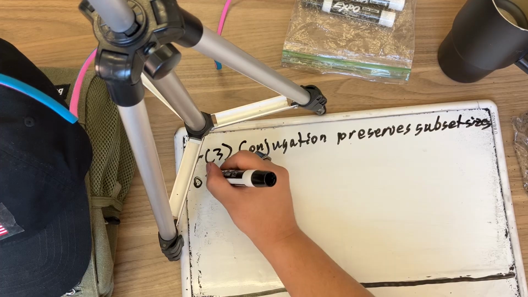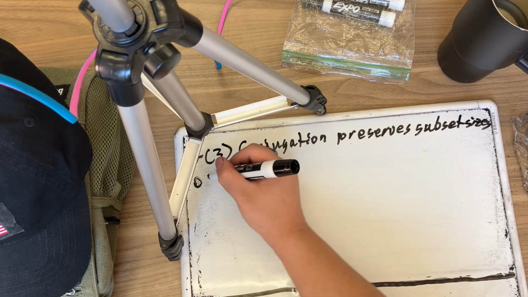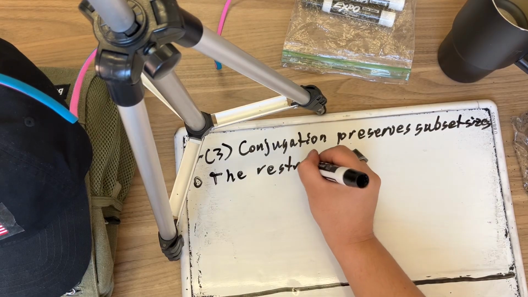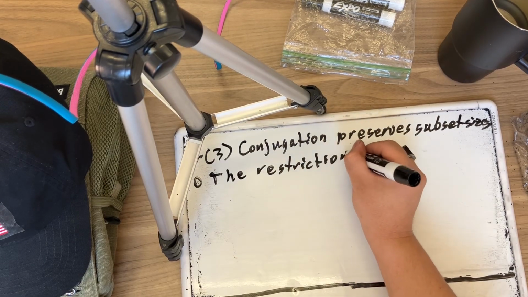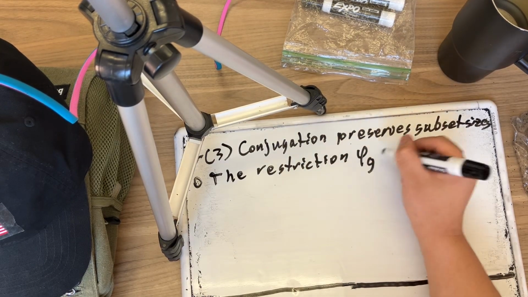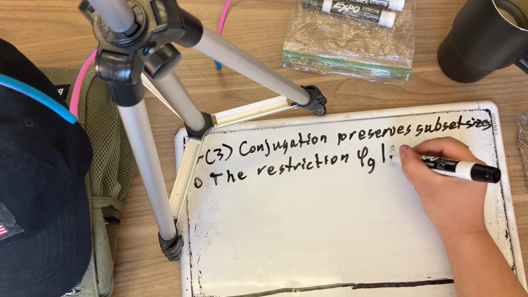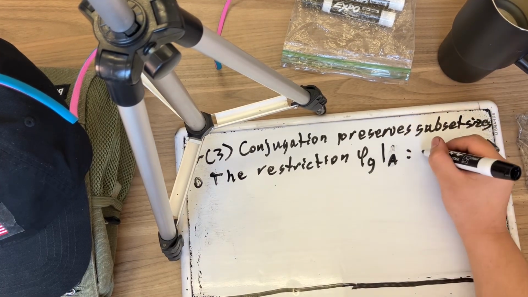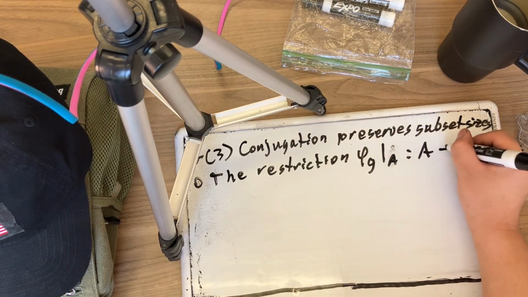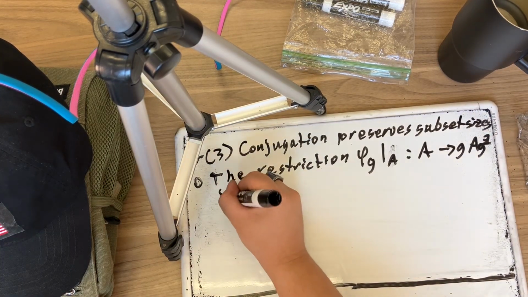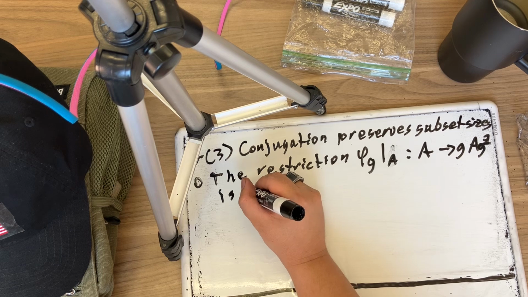Right, so the restriction of phi sub g on A, such that a maps to g a g to the negative 1. Well, that's a bijection. So this is a bijection.